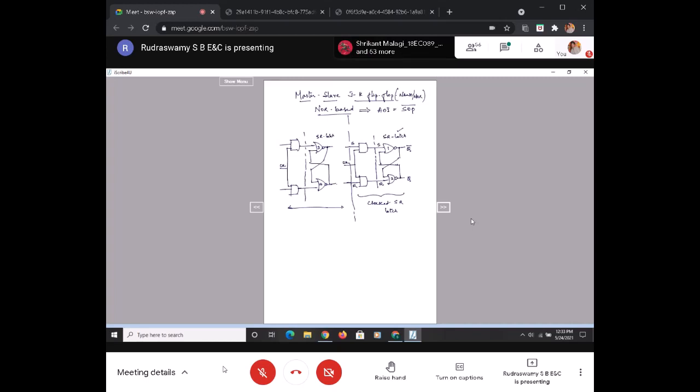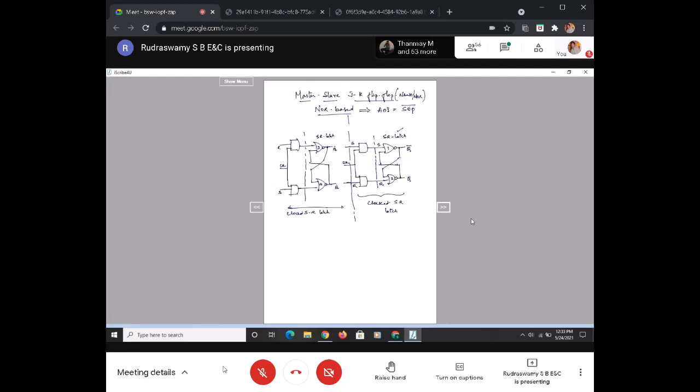So here also I'll say this is Q bar. This is something like Q. Then what is the entire thing now I have? This is S, this is R. This is again the clocked SR latch.